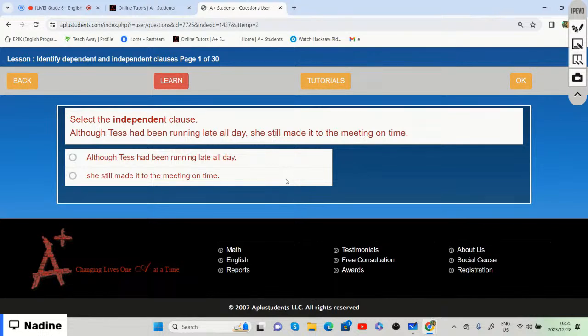So we need to select the independent clause. Is it "although Tess had been running late all day"? Or is it the second option, which is "she still made it to the meeting on time"?